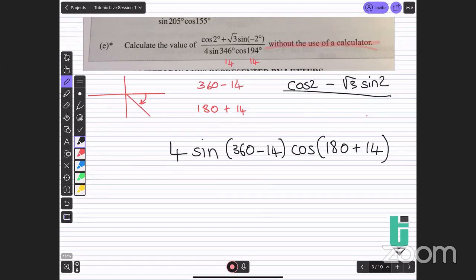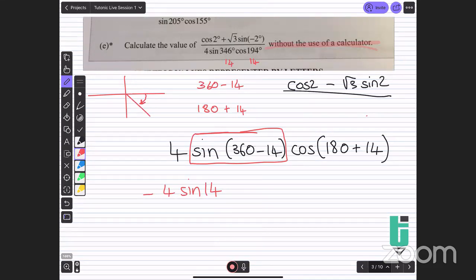So what's sine of 360 minus 14, if you apply the reduction rule? There's a concept video on reduction if you want to revise it. It's going to be negative sine 14. And what about cos 180 plus 14? Which quadrant is that in?